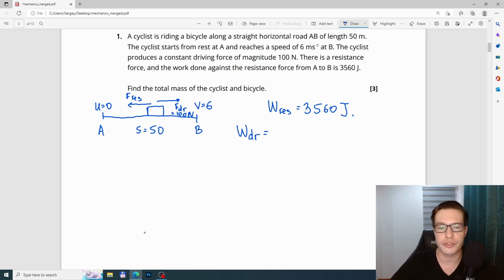And that work equals the force itself, 100 newtons, times the distance, 50. So that is 5,000 joules. And this work is being converted into the work done against resistance, and also into the increase of kinetic energy.